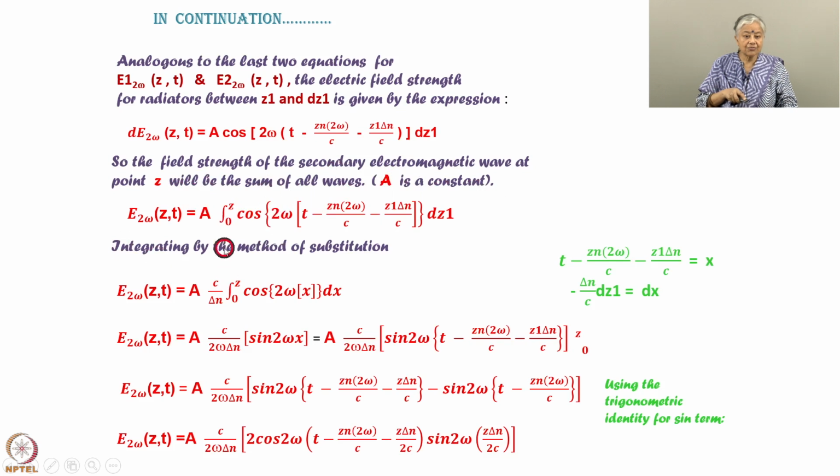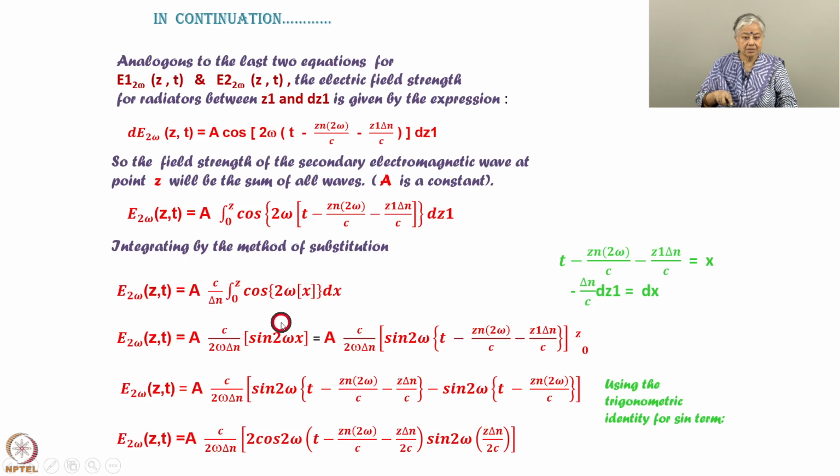You take that integral from 0 to Z of cos of 2 omega t minus this term, dZ1. It looks like a big integral, but it can be done very easily, integrating by the method of substitution. So, the argument of cos I will just substitute here by x. So, minus delta n by c dZ1 is equal to dx. I just put it back here.